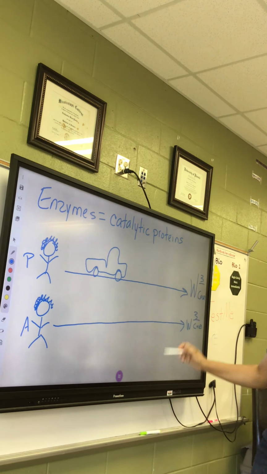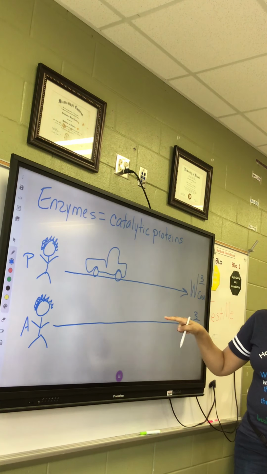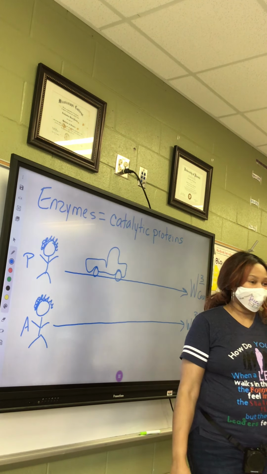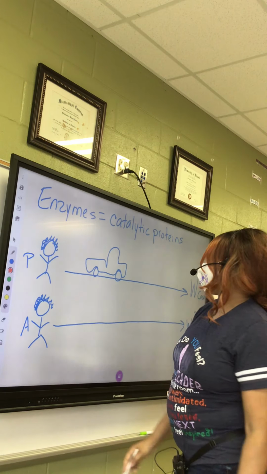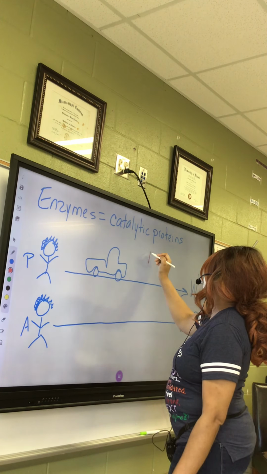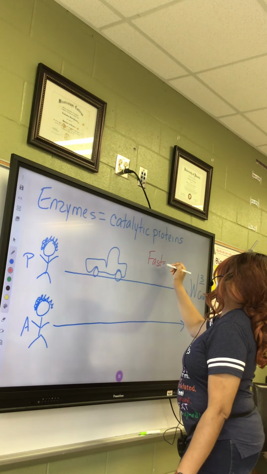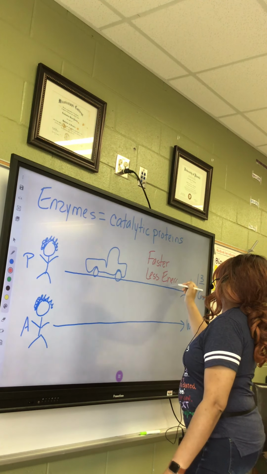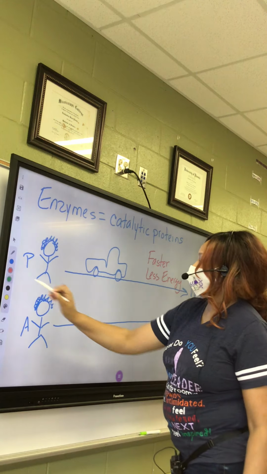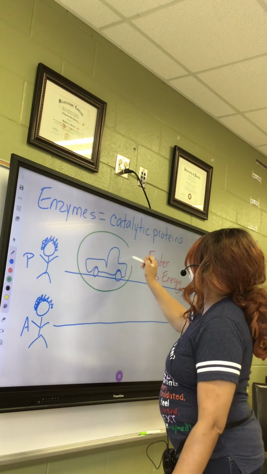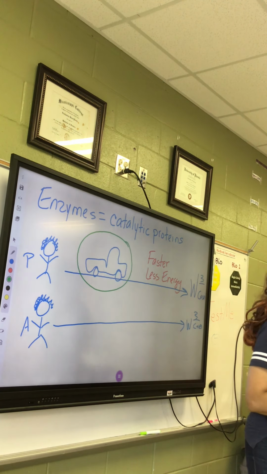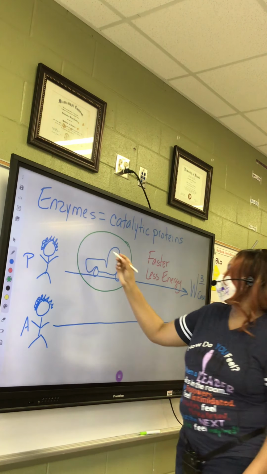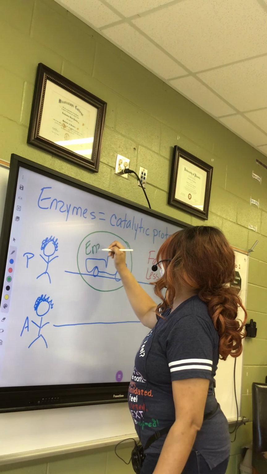Y'all, Paige is driving the car and Araya is walking. So you said that Paige is going to get there faster and she's going to use less energy. And the difference maker was the presence of the car. The car in this scenario represents an enzyme.